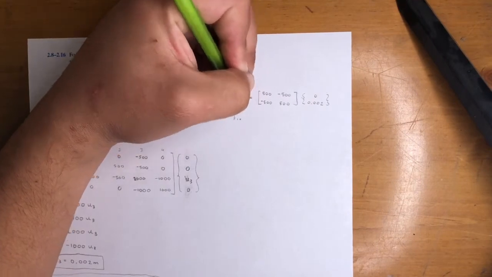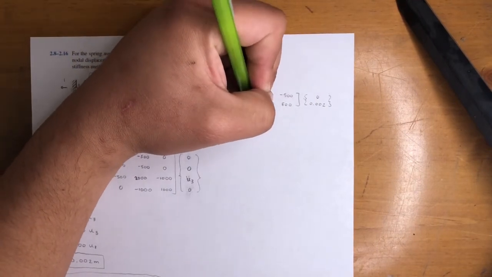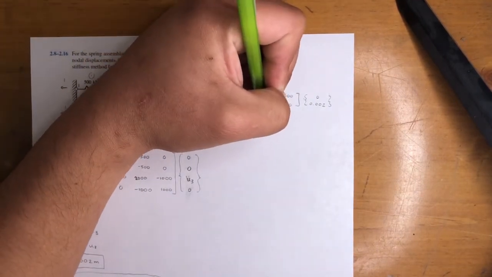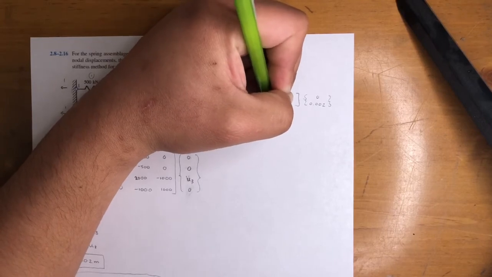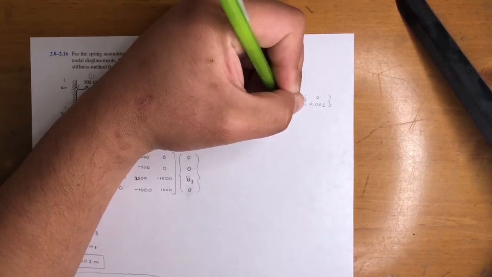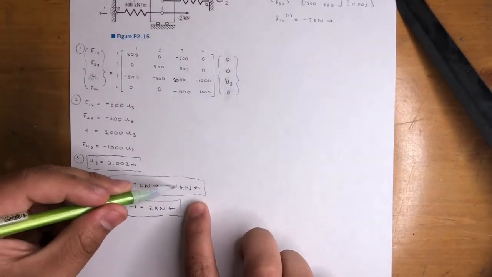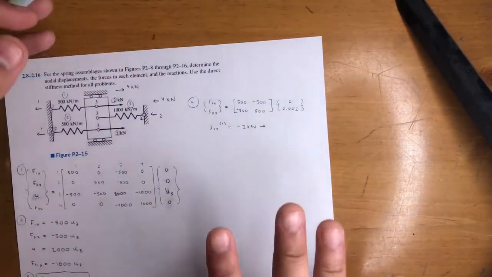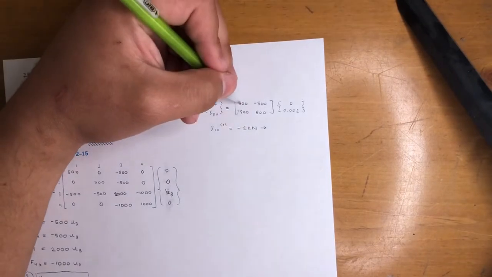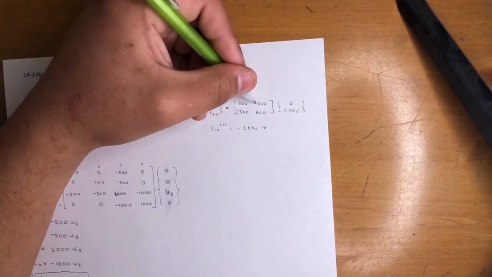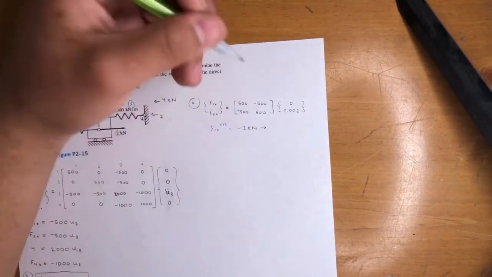So F1x of element 1 is equal to negative 1 kilonewton, always to the right. For local element forces, never change them to positive or negatives, always to the right. You'll see why. So it's 500 times 0 plus negative 500 times this. That's how you get that.